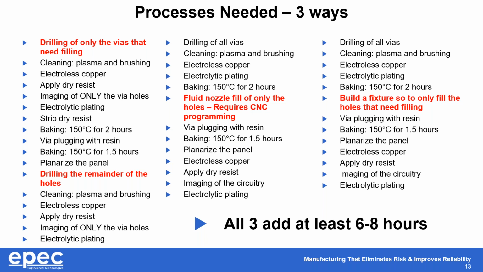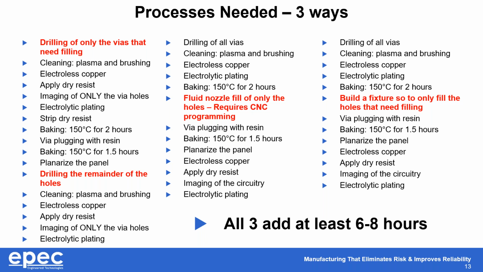Whether you do it in the process on the front, where you start by only drilling the holes that need filling, and then going back through filling the holes, and then re-drilling all the other holes, or the process all the way over on the right, which is one of the ones that we use, which is you build a fixture that'll just fill those holes using a mechanical or pneumatic mechanism, with some having a vacuum and some not, to make sure that you get full coverage inside of the vias to reduce voids.